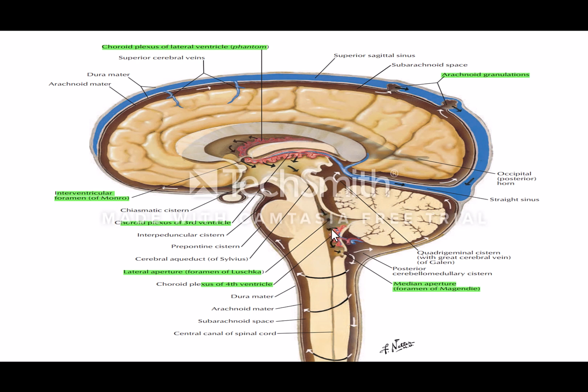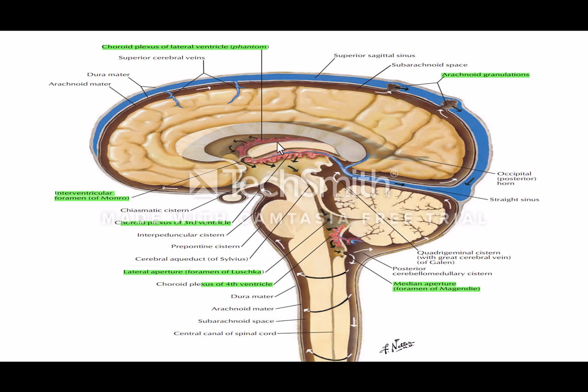Part of the roof of the fourth ventricle extends into the cerebellum. So if you have a cross section of the cerebellum, you will see part of the fourth ventricle there. So essentially you have two lateral ventricles, a third ventricle, and a fourth ventricle.